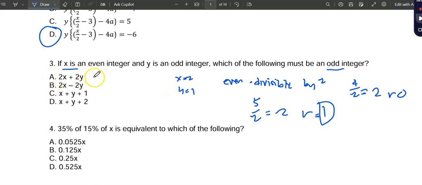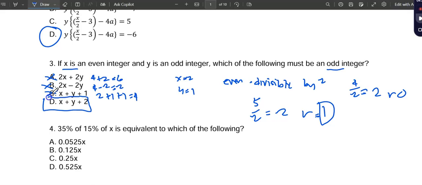You have 2 times 2, that is 4, plus 2 times 1, that is 2, 6. That is not an odd number, so that is not the correct answer. Here, you have 4 minus 2, that is just 2. That is also not correct. Here, you have 2 plus 1 plus 1, which is 4. That is not correct. So, you're only left with letter D.